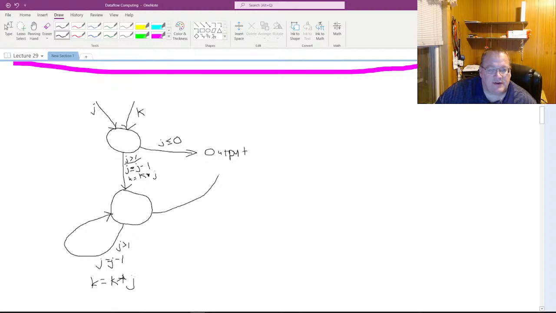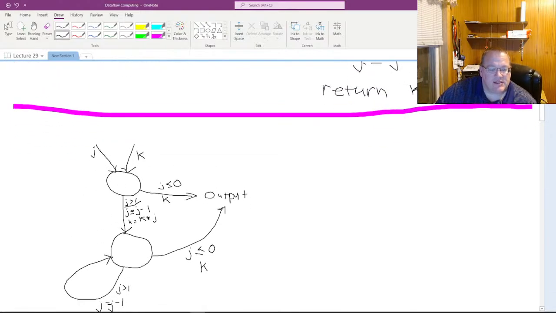And then I'll have another one here that'll say j should be less than or equal to 0. And I should probably put on these, so then this one would be just simply k, and this one would be just simply k as well.